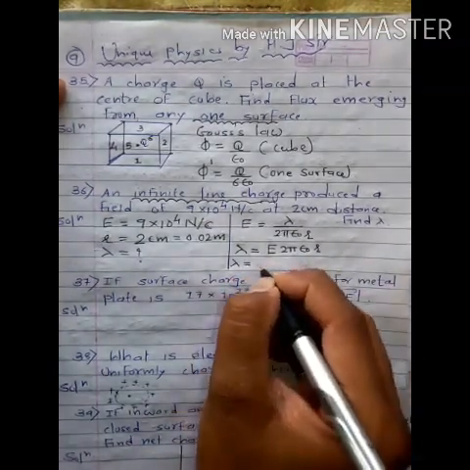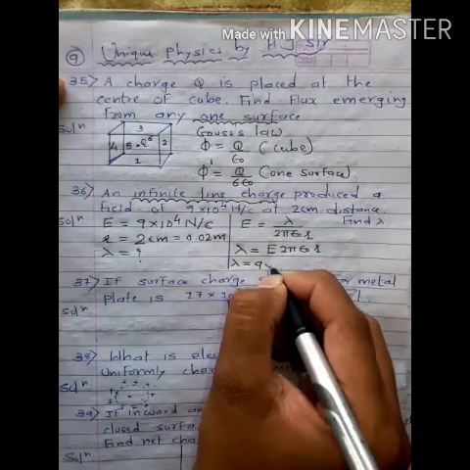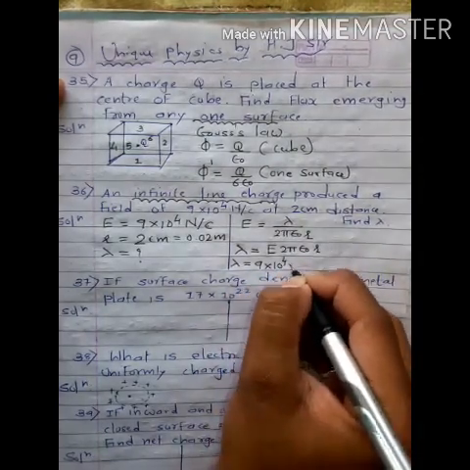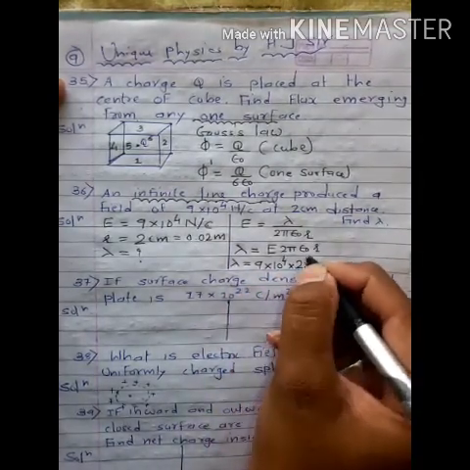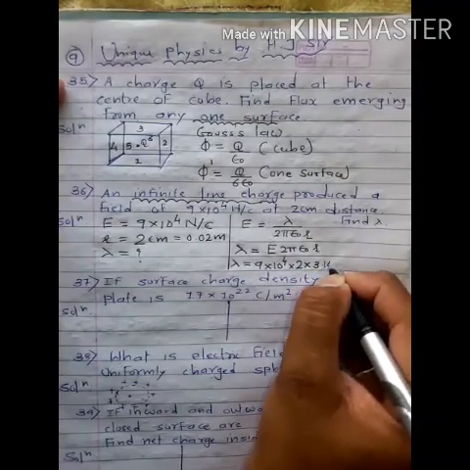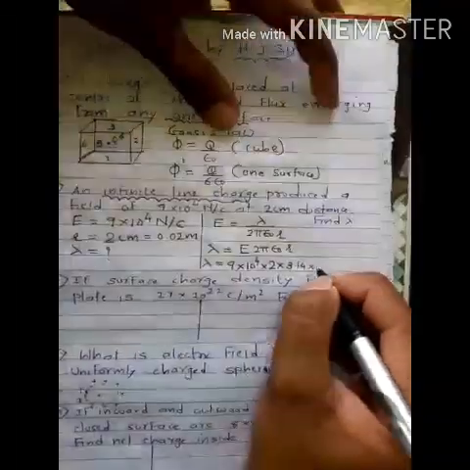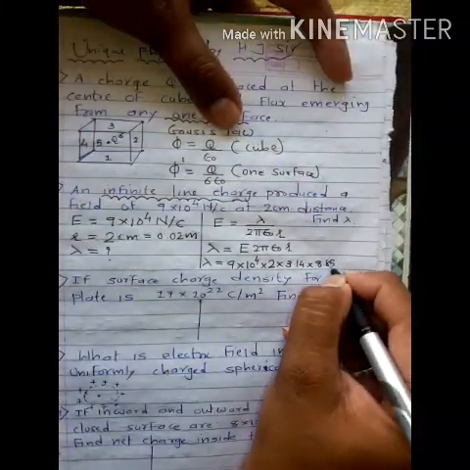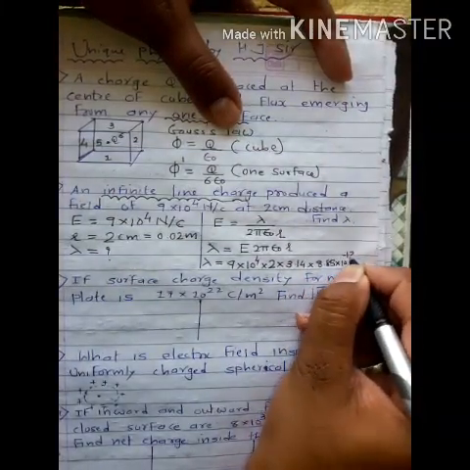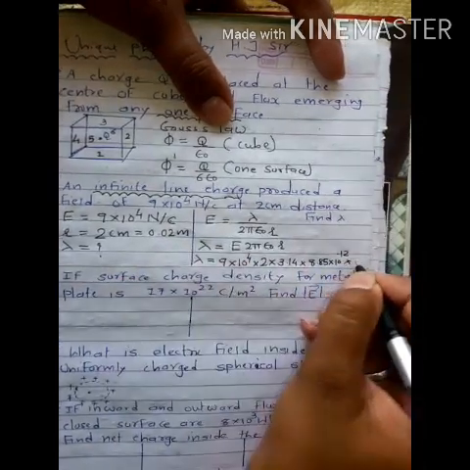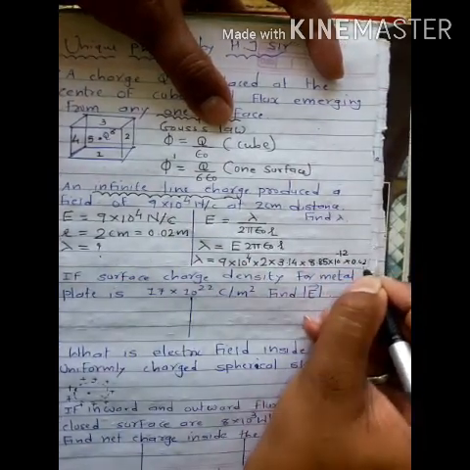Now substitute all value. Electric field 9 into 10 raised to 4 into 2 pi. Pi means 3.14 into epsilon 0. It is given by 8.85 into 10 raised to minus 12 into distance 0.02.